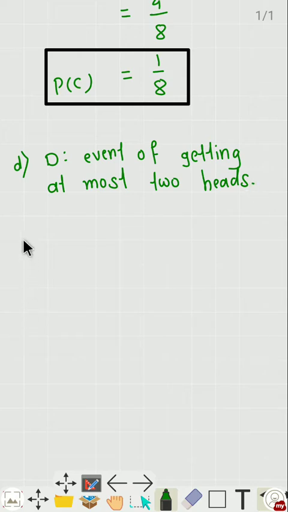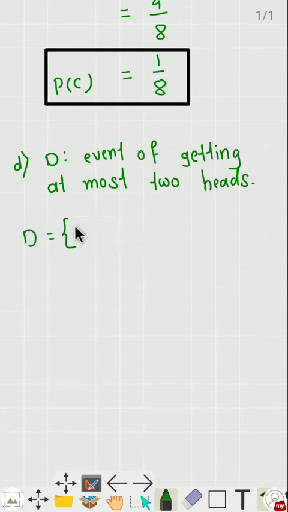Therefore, set D contains the outcomes. So at most two heads means no head, one head, or two heads.